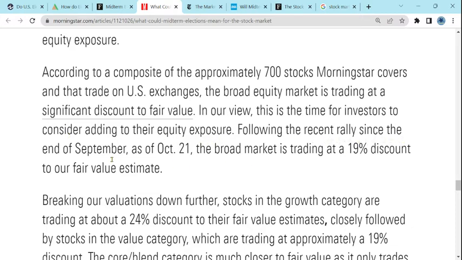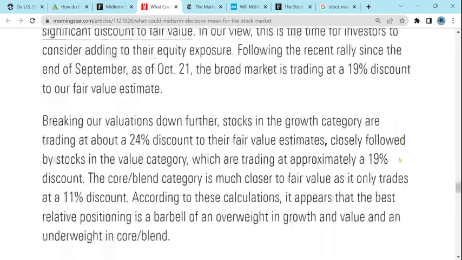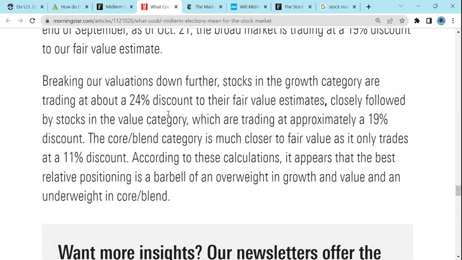Even after the recent rally since the end of September, the market's trading at a 19% discount to fair value, as of their opinion. They're saying the growth category is trading at a 24% discount to fair value, closely followed by stocks in the value category, which are trading at approximately a 19% discount.